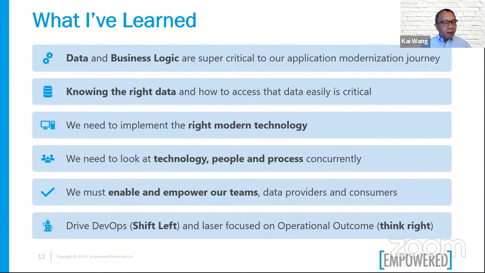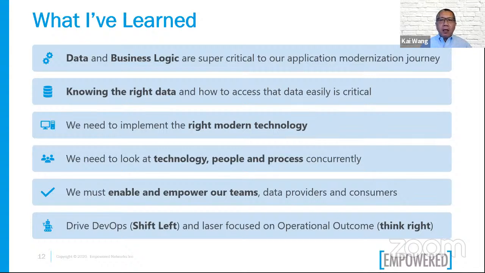So let me bring this back up, right? There are many ways for us to look at our transformation journey, and when it comes to data, I have some thoughts on what we should really think through and consider. As I called out, data and business logic are super critical to our application transformation journey, so they need to be at the heart.